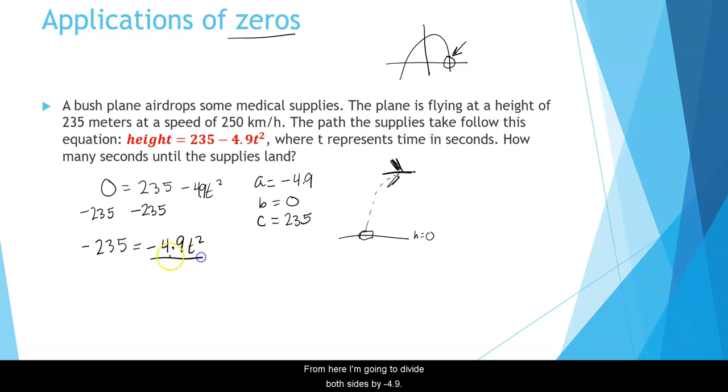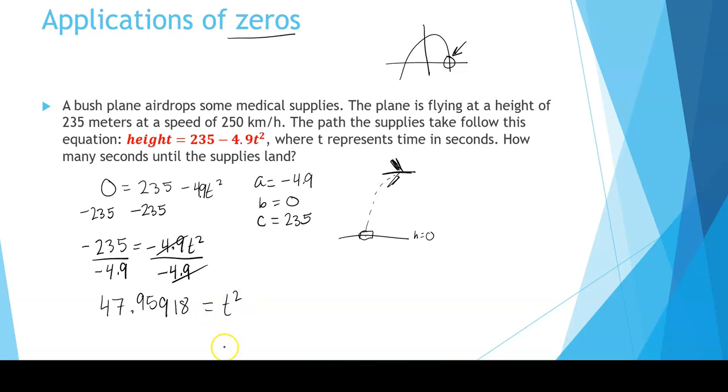From here, I'm going to divide both sides by negative 4.9, because it was multiplied in, we're dividing it out. And negative 235 divided by negative 4.9 is this ugly number of 47.959, so on, 18, I think we could probably stop there, equals t squared.